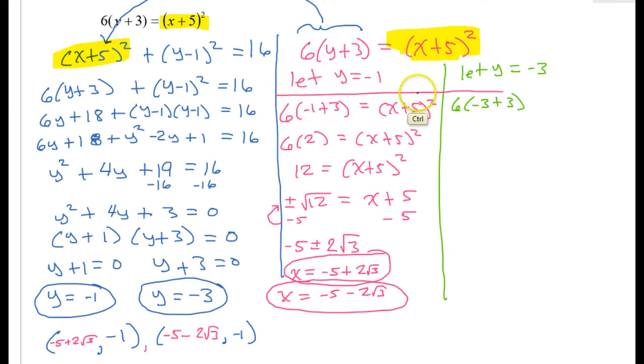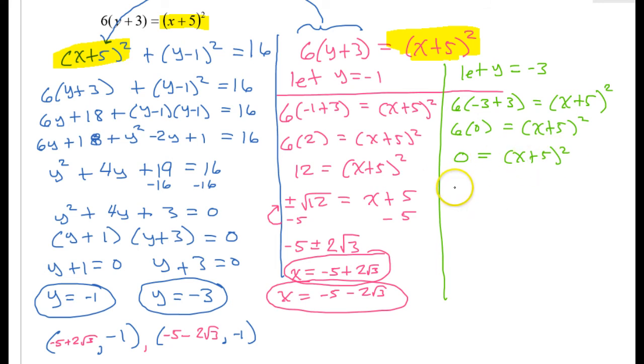I'm just recopying this, but instead of -1, I'm putting a -3. Equals x plus 5 squared. So -3 plus 3 is 0. So this is 6 times 0 is equal to x plus 5 squared. So that just means we have 0 is equal to x plus 5 squared.